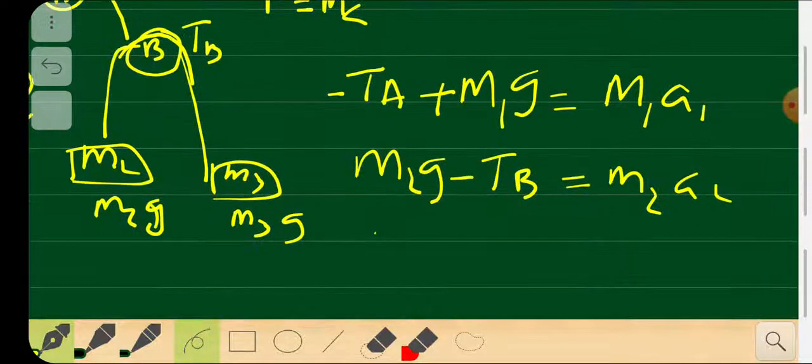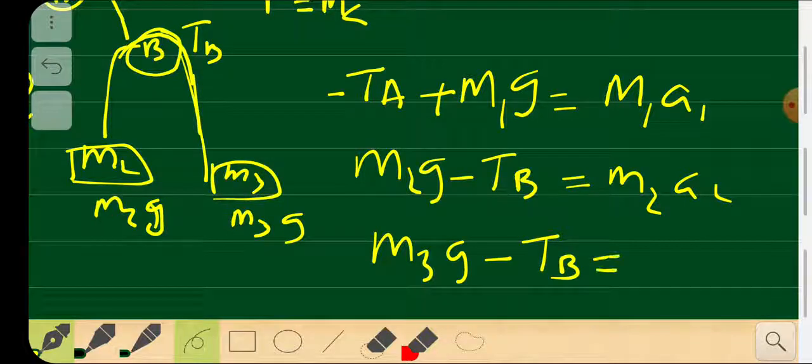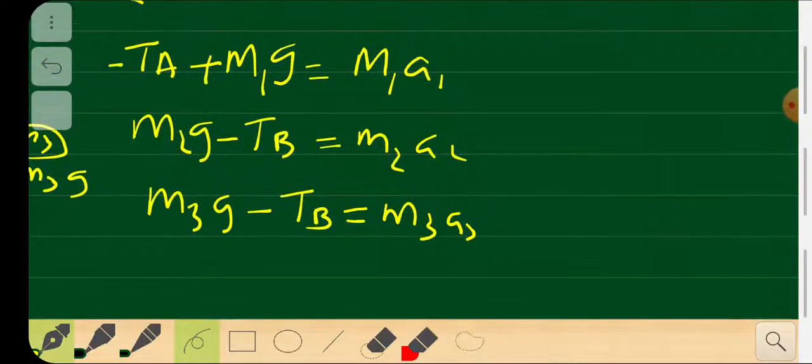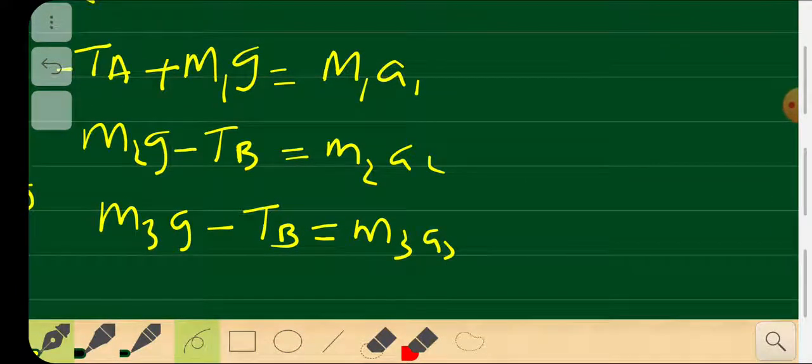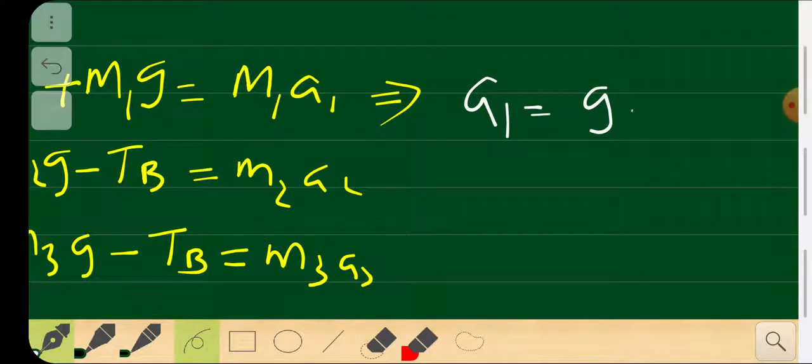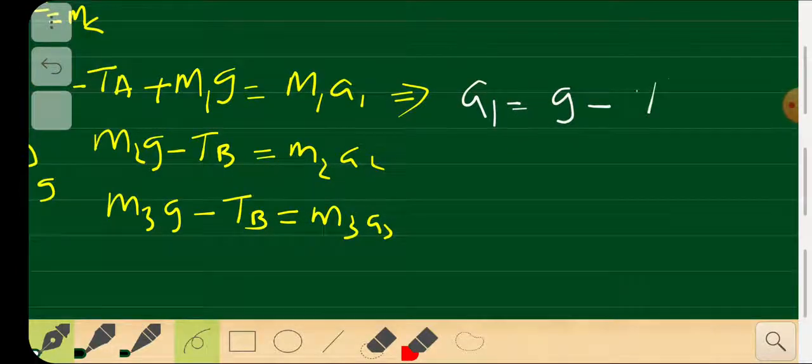and m3g minus TB, which is the TB here, must be equal to m3a3. So simple as that. Now you can simplify this and write that a1 must be equal to g, dividing by m1, g minus TA by m1.